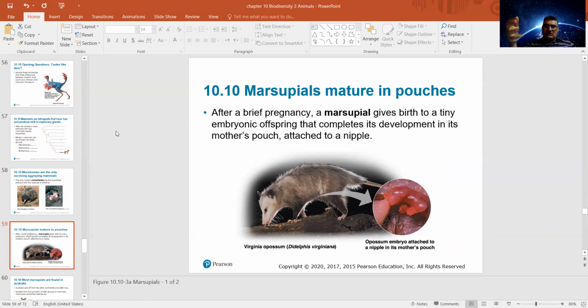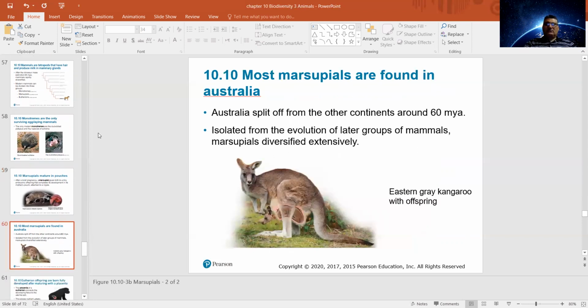It will complete its maturation within a pouch, attached to a nipple. They live in that pouch until they completely mature.